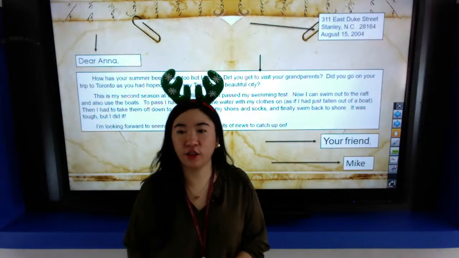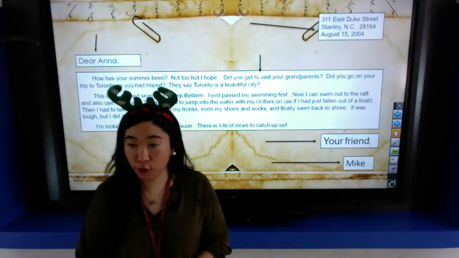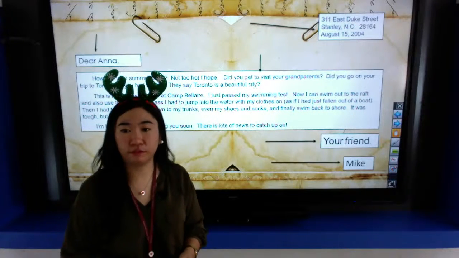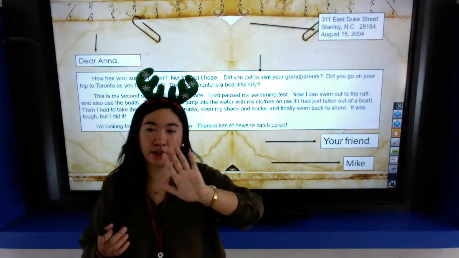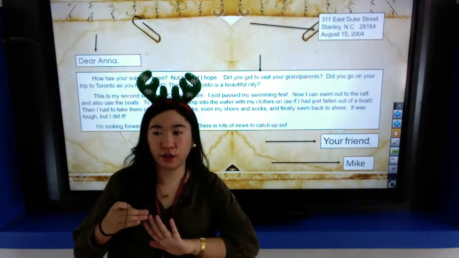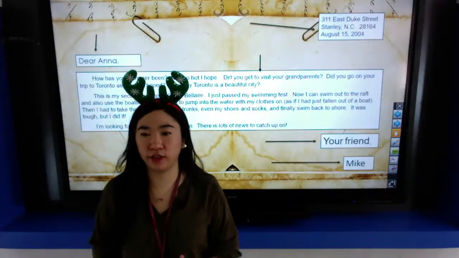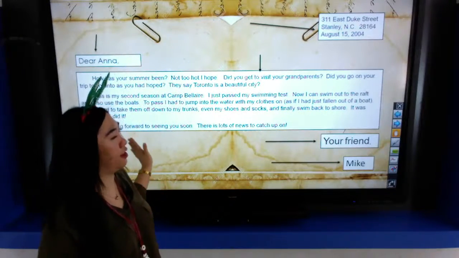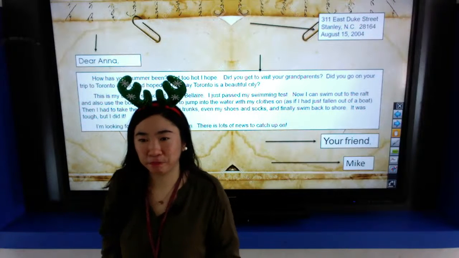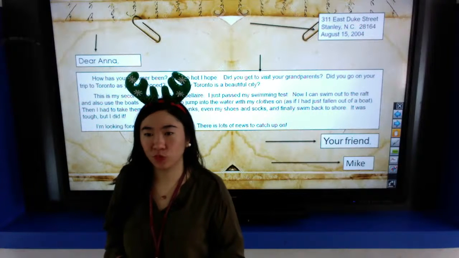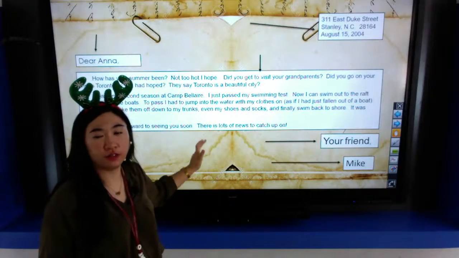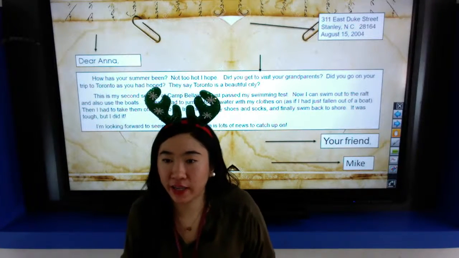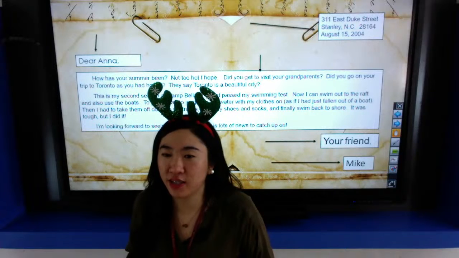All the 5 parts, from the first, second, third, fourth, and the 5th one. Let's just try to review everything. What is the first one? Yes, heading, greeting, body, closing, and signature.